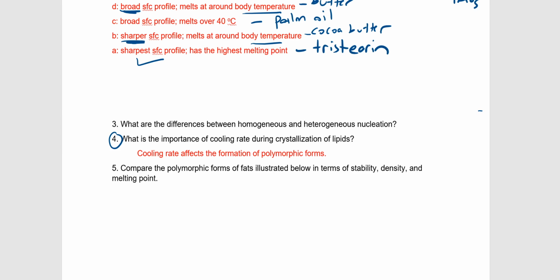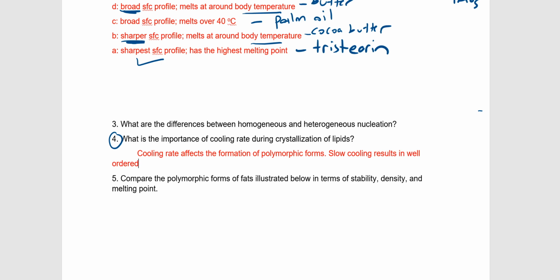So which one is better, slow cooling or fast cooling? The slow cooling is better. It results in well-ordered, more stable structures.